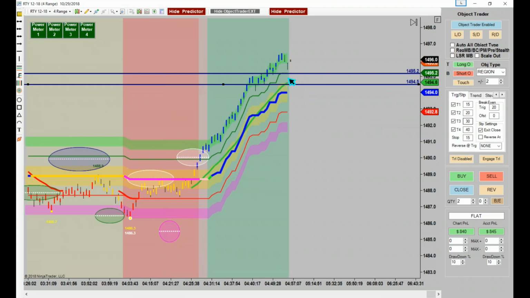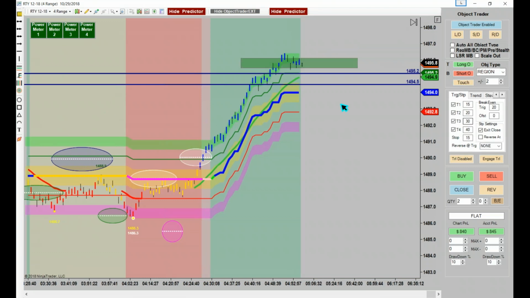That's line 6. No break. Get a region started just so you'll be ready. We're not going to tag anything yet because we're going to wait for it to actually draw where we want it. No line 6, no line stealth yet.